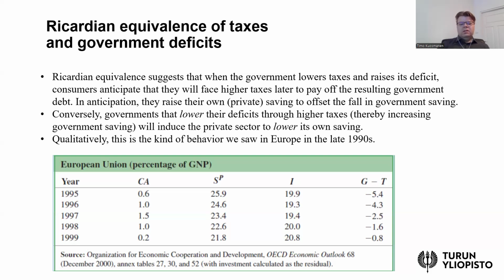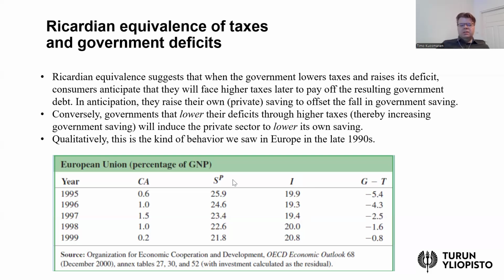Notice that the current account surplus is relatively constant in this table over the 5 years observed. There's some fluctuation, but not any drastic change. Investment I is also fairly stable at about 20% of gross national product.